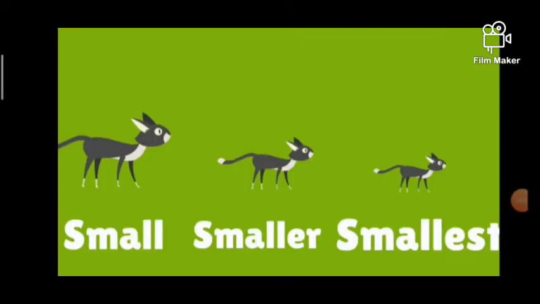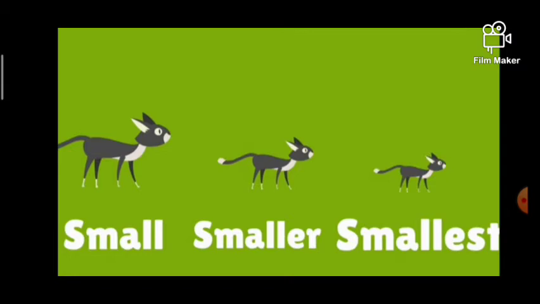See children, this is the first slide. You can see three pictures. First of all small, then smaller, and then smallest. We are learning comparison in this chapter, degrees of comparison. So we have to concentrate first of all on the middle one, SMALLER, smaller.